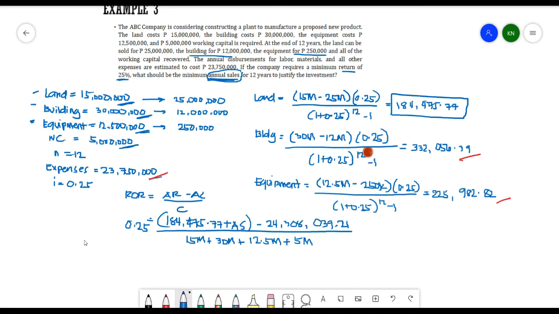So in order for us to get the AS, or the annual sales, we can just calculate this one, and that is equivalent now to 39,449,763.44. So the minimum annual sales should be 39 million in order for us to justify the investment after 12 years.